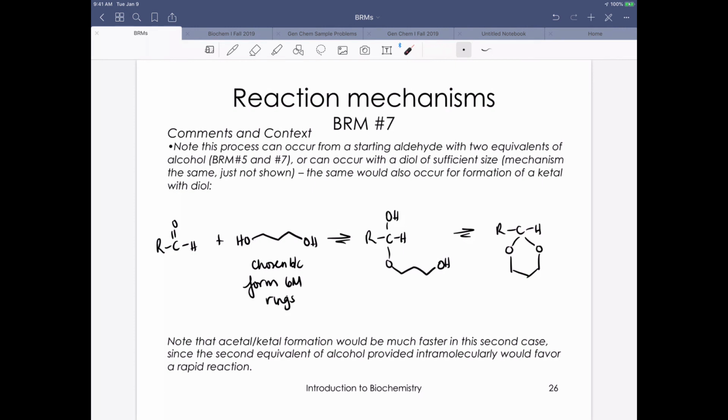Intramolecular reactions are always faster because you have a higher effective concentration of your nucleophile here. But again, these intramolecular reactions are only going to happen when we have atoms that are within 5 or 6 bonds away to allow for the best orbital overlap and the least angle strain.